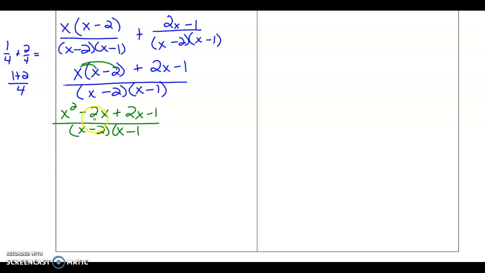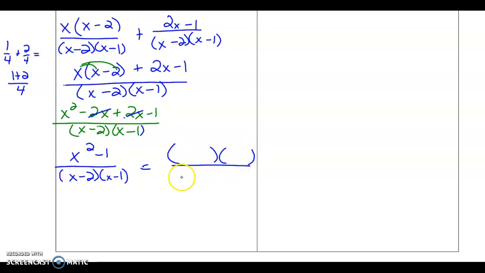All right, so then you can see that these x's are going to cancel out. So we get x squared minus 1 all over x minus 2 times x minus 1. So then we can factor the top, difference of squares. So x squared minus 1, we can break that apart as x and x.